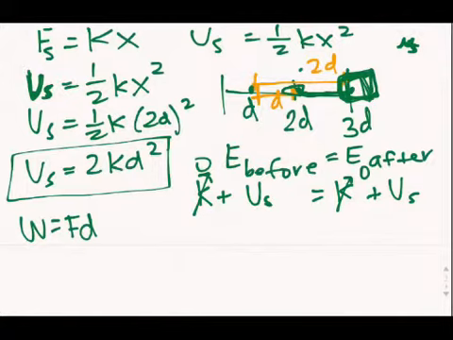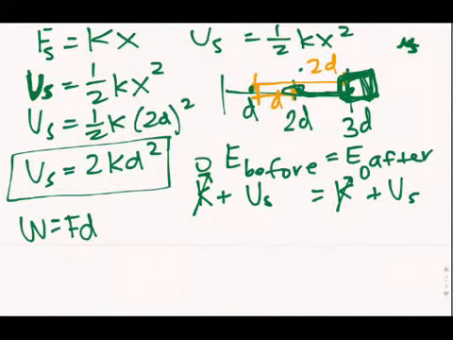And then there's one other thing. We've got this idea of friction. The friction is doing work. It's slowing it down. That's what's allowing it to stop. And we need to account for that because the work in this case of friction is reducing the amount of energy.